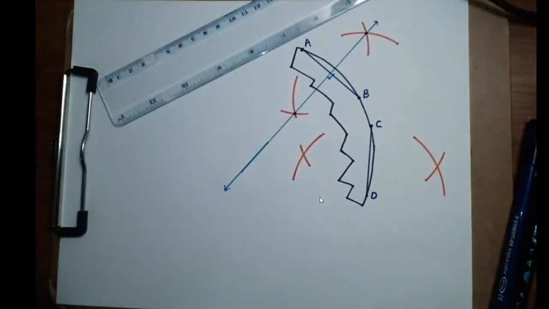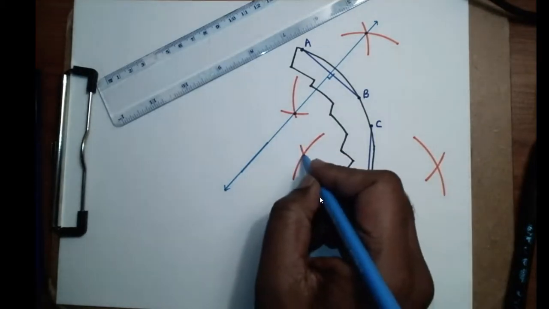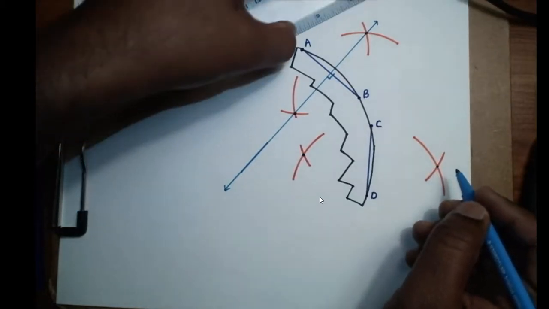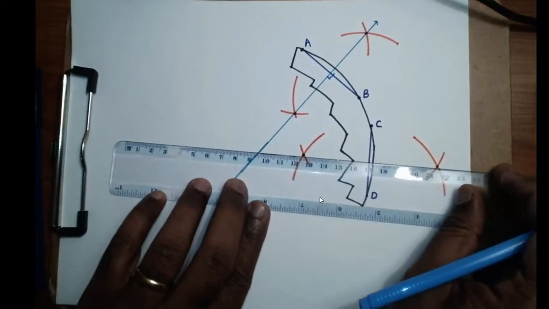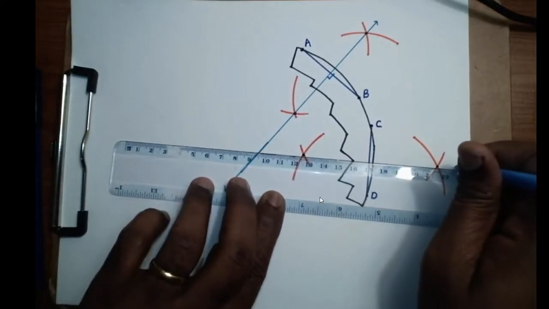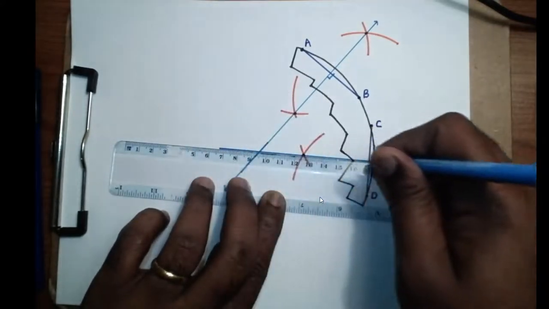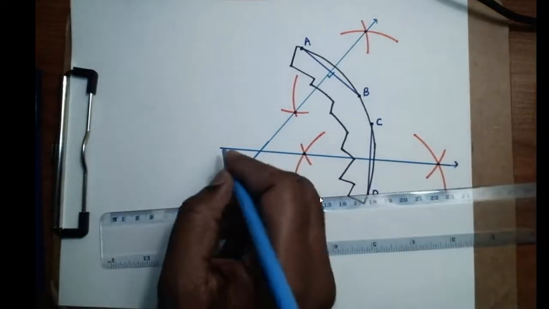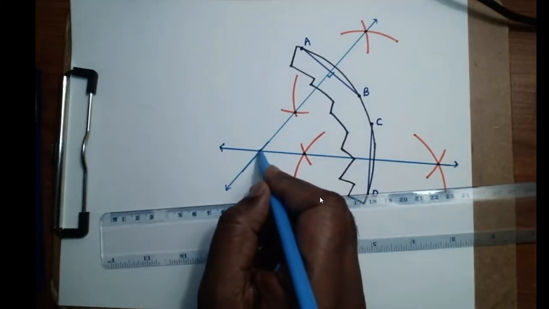So you have your two points of intersection, over here one point and another point of intersection. Let me join those two points of intersection and extend so that this second perpendicular bisector will intersect the first perpendicular bisector at one particular point.